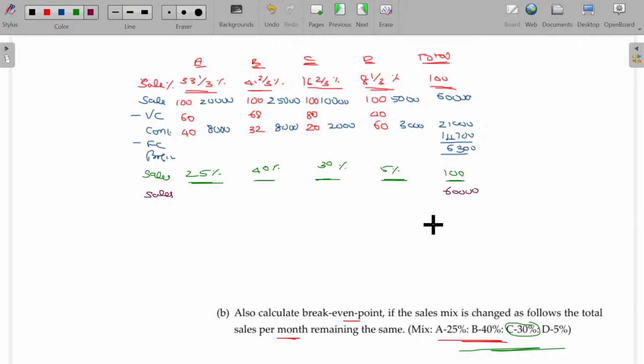Earlier 41 2/3 percentage sold for B, but now it is only 40. A also reduced. Instead of that, C is increased from 16 2/3 to 30 percentage. D also decreased from 8 1/3 to 5 percentage only.